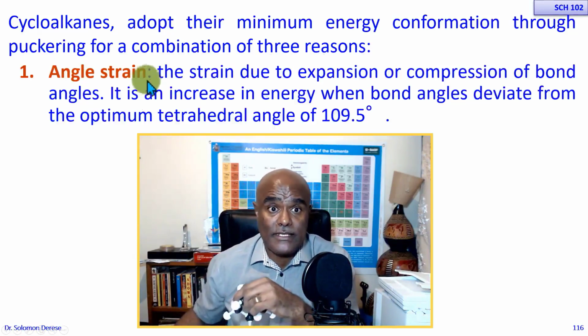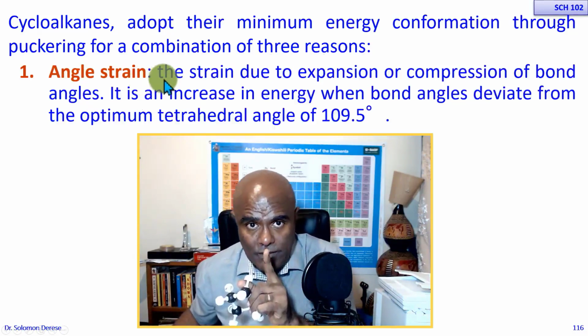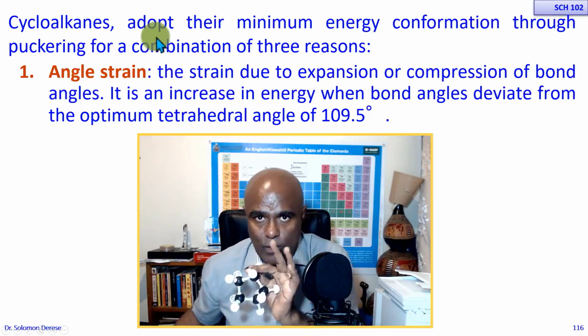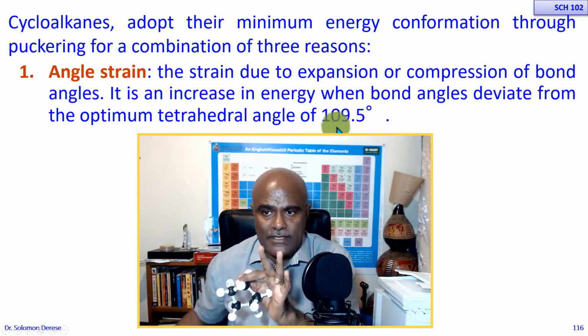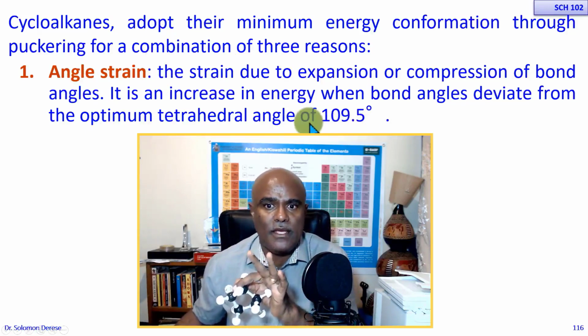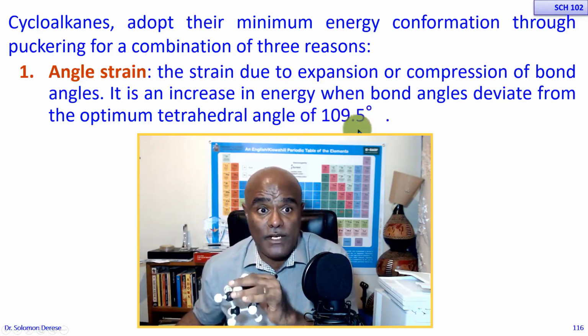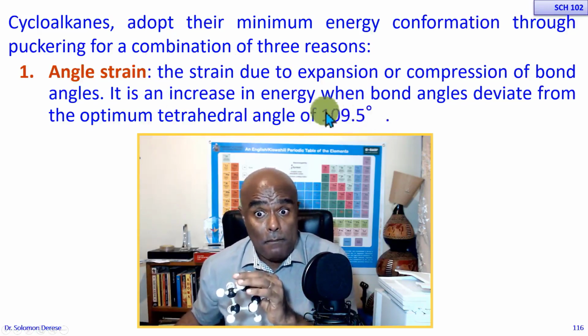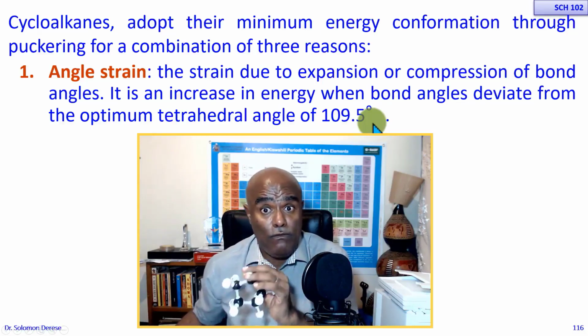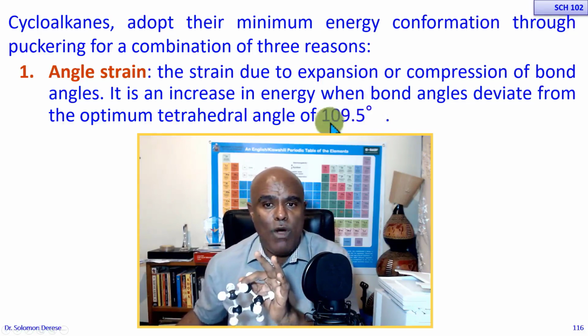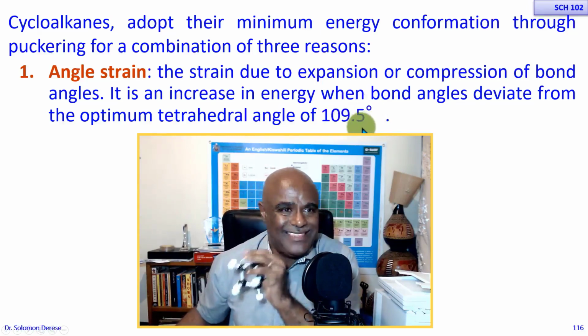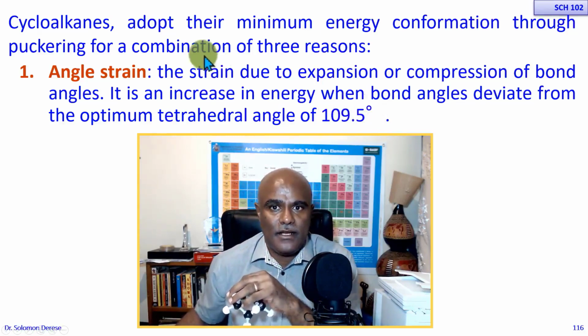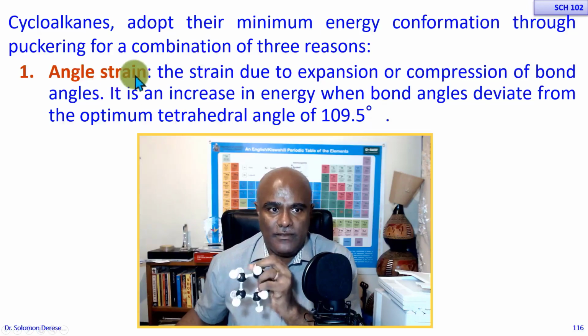As we discussed, the ideal bond angle for cycloalkanes, since they are alkanes, since they are sp3 hybridized, has to be 109.5 degrees. But it's not possible for all cycloalkanes to have this ideal 109.5 degrees. As a result, their angle is strained.